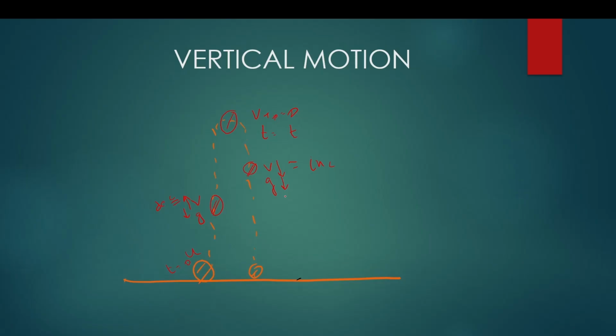And again here the velocity will be u, and the time of flight, tf, equal to 2t. So the time taken to move to the top is t, that is the time of ascent, which is also equal to the time of descent.